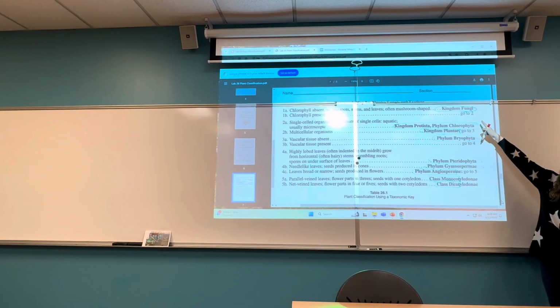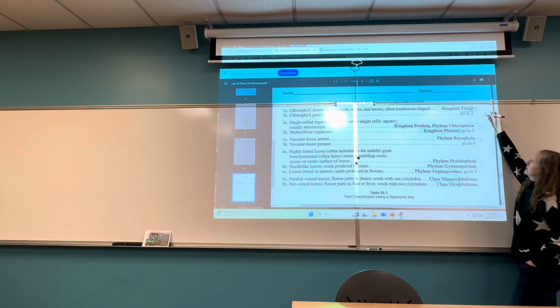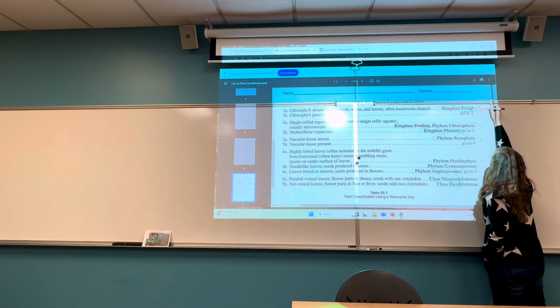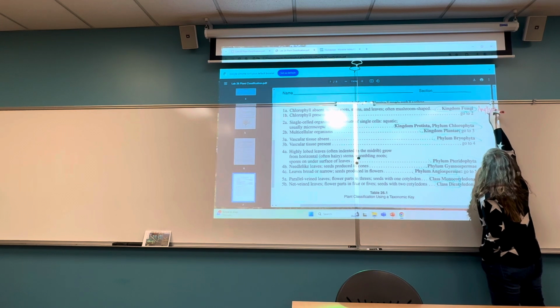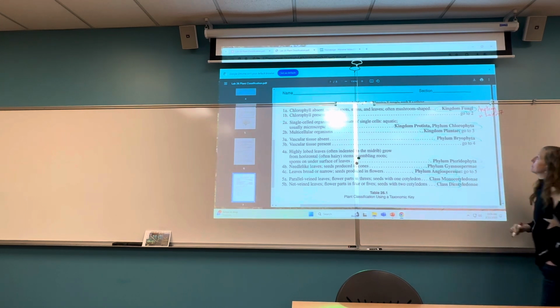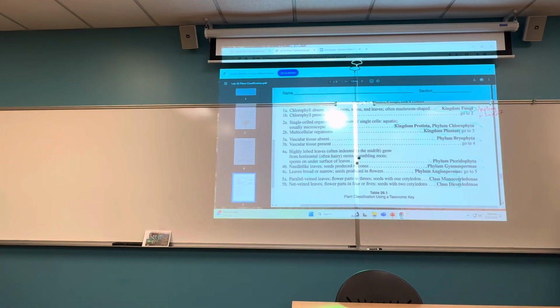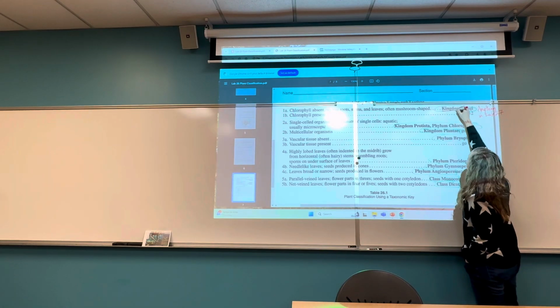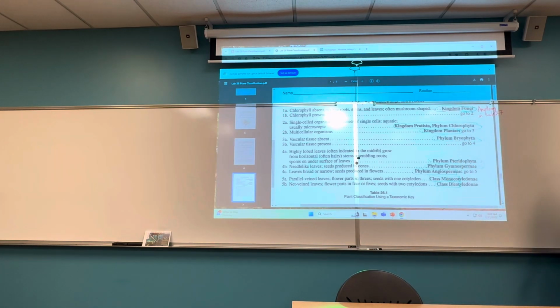So fungi can be anything from Lab 27. Today in the lab, all the different fungus that you're going to look at, I could have one of those specimens out, and the question will be, what is the kingdom?